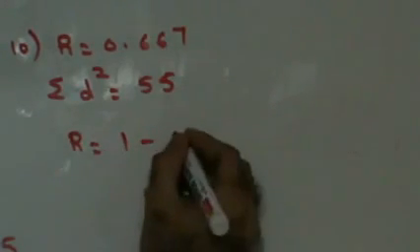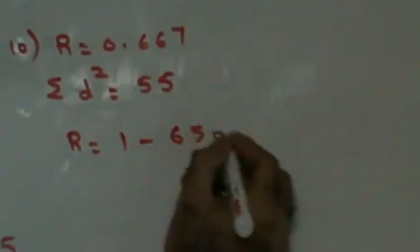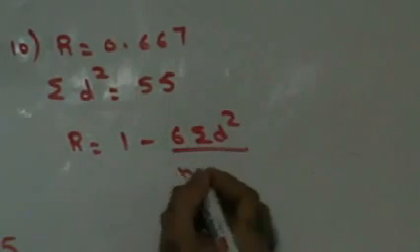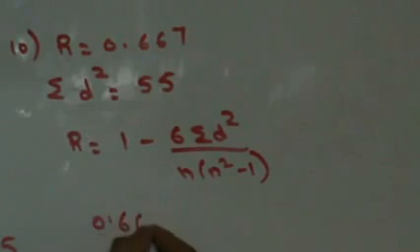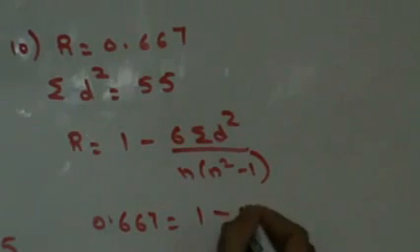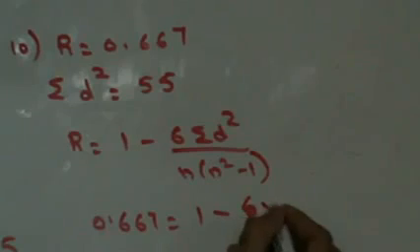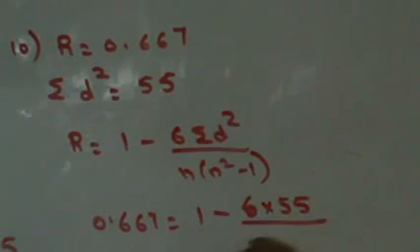Now we know that R is equal to 1 minus 6 times sigma d square upon n into n square minus 1. So 0.667 is 1 minus 6 times 55 upon n into n square minus 1.